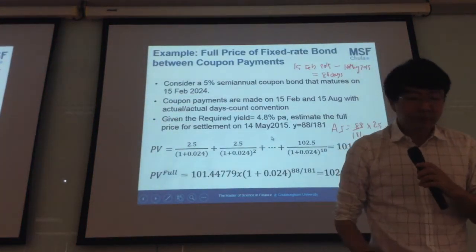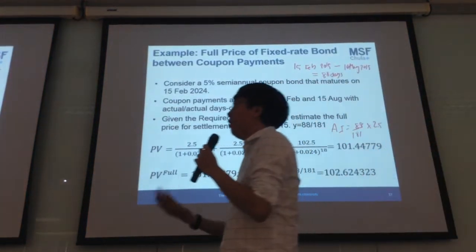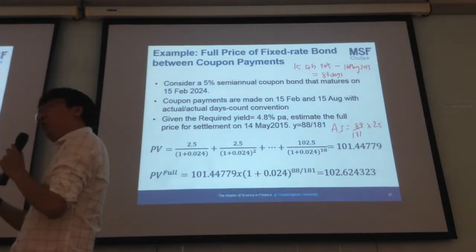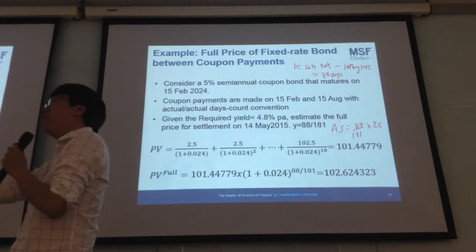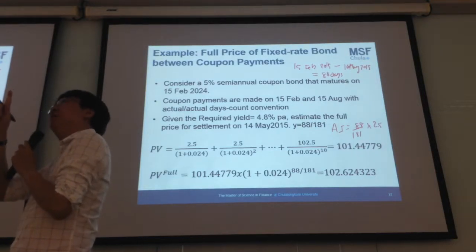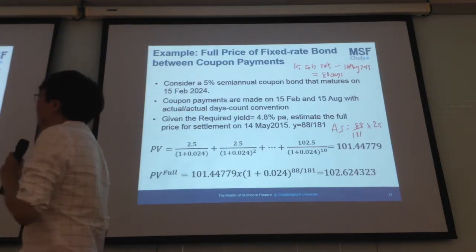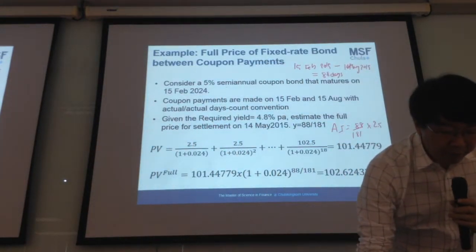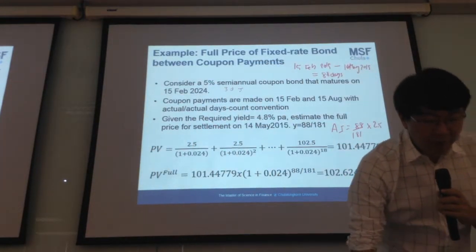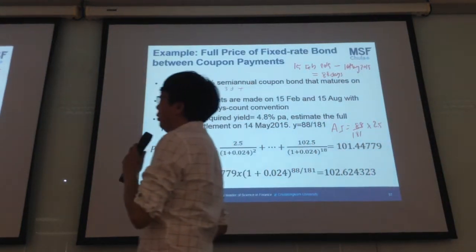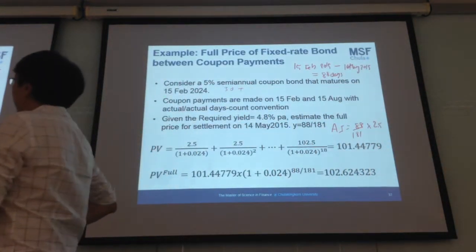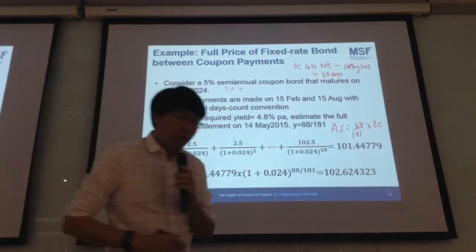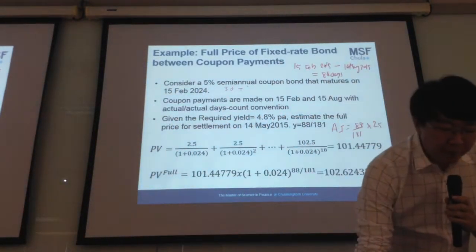You have to count from 15 of February to the next month, 15 of March, as 1 month. So it will be 30 days for the first month, from 15 of February to 15 of March. And then from 15 of March to 15 of April is also another 30 days.